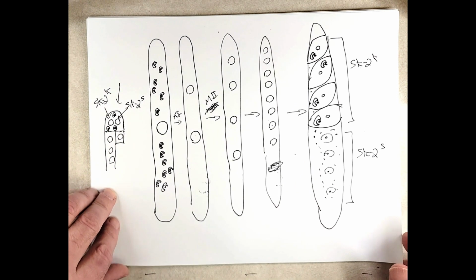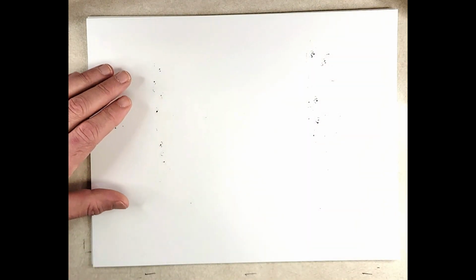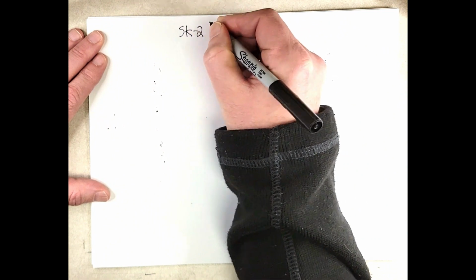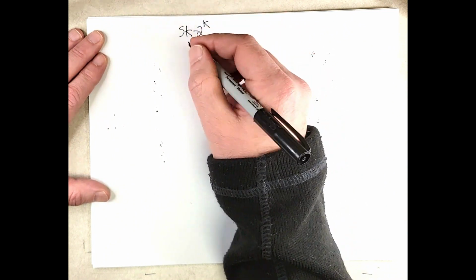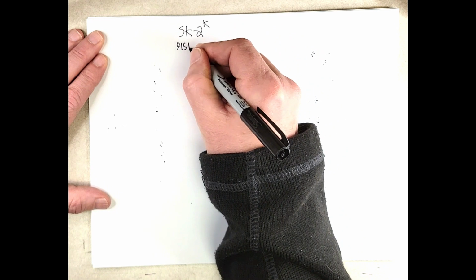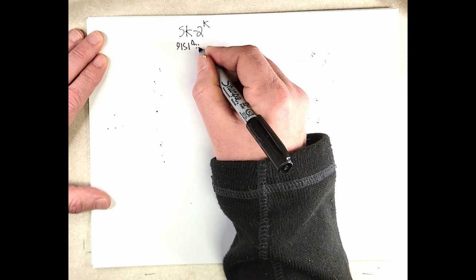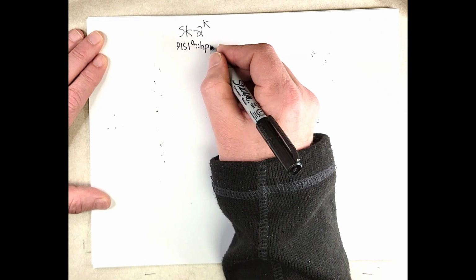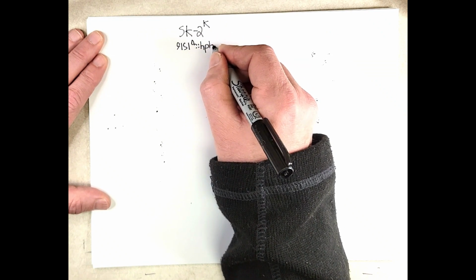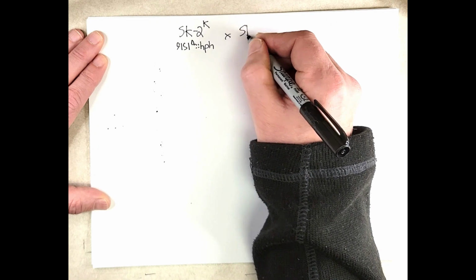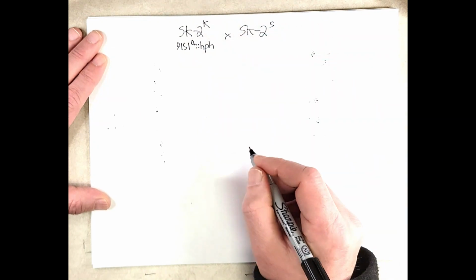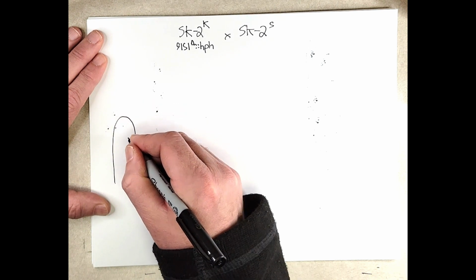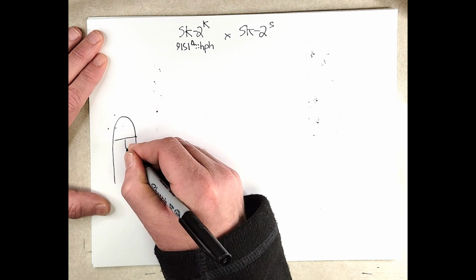Now, it also explains why when we do a cross of SK2K 9151 delta, so the 9151 gene inside the SK2K genome, when we delete that and replace it with hygromycin and cross that strain to SK2S, what do we see? Well, everything seems to work just fine.